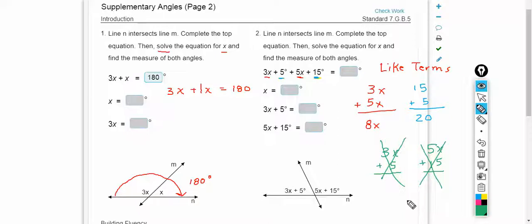I guess you would call that unlike terms. You can only combine terms that are like. And when you say combine, sometimes you add them, sometimes you subtract them.